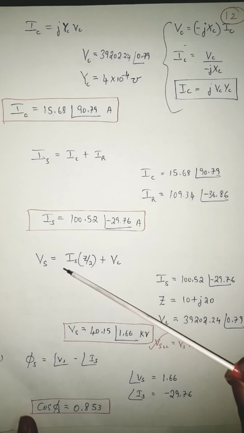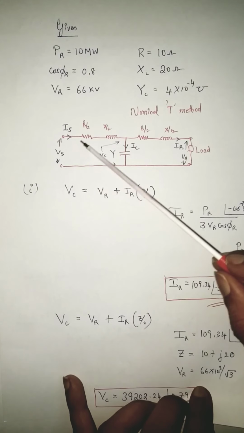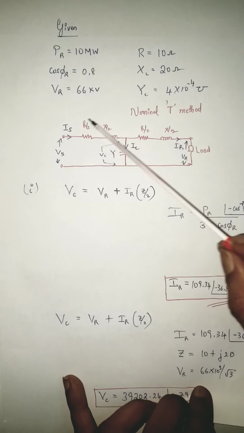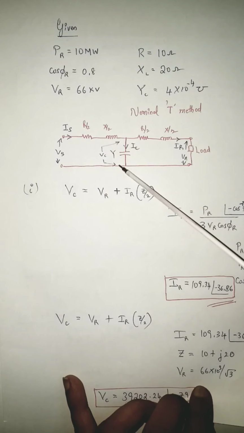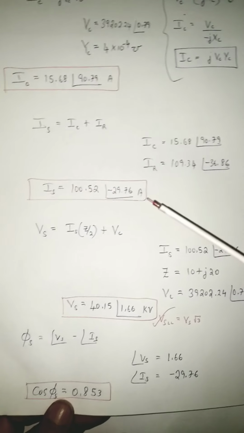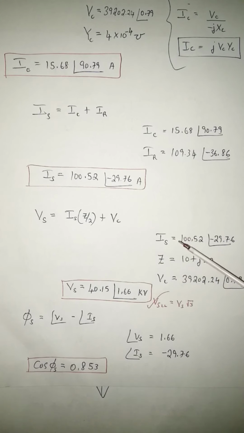Next I need Vs. So what should I do for Vs? I need to apply KVL in this loop. So Vs will be equal to the drop across this plus voltage across capacitor. So Is into Z by 2 plus Vc will give me Vs. For this Is, in the previous step we have calculated 100.52 at an angle minus 29.76.